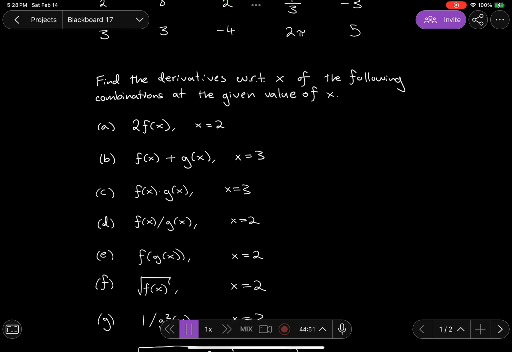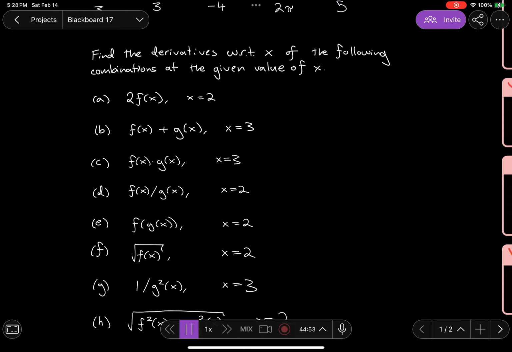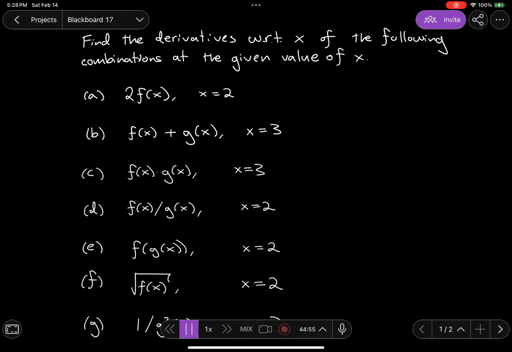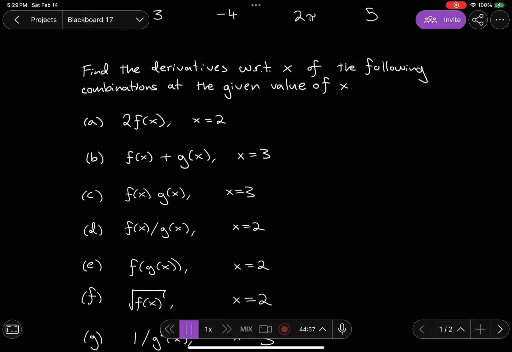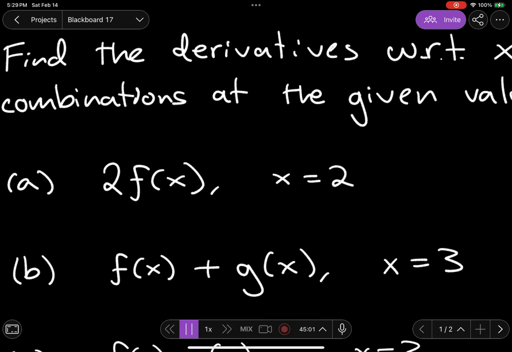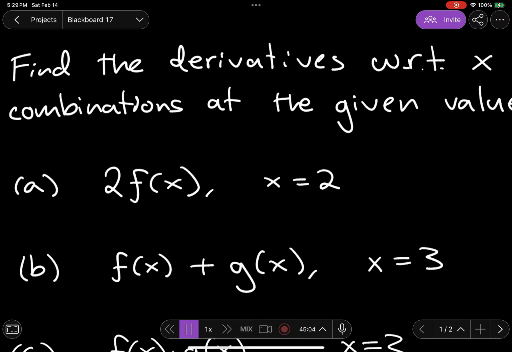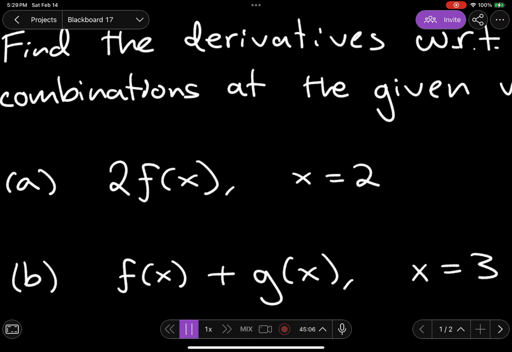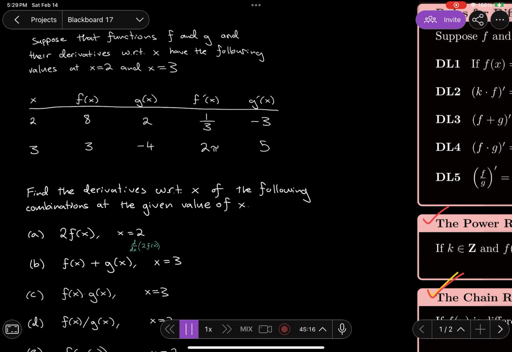All right, so let's check this out. We have all of these we've got to take the derivative of. I don't know if we can do it here. I wonder if I just zoom in. I mean, yeah, I feel like that's going to work. Let's see if I can crowd this up. All right. So the derivative of 2 f of x, and this is going to be a good review of all of our differentiation rules.